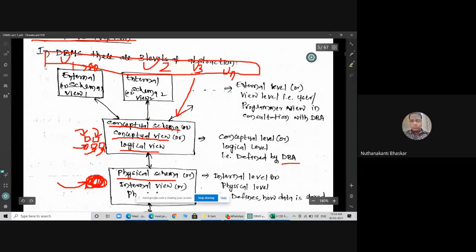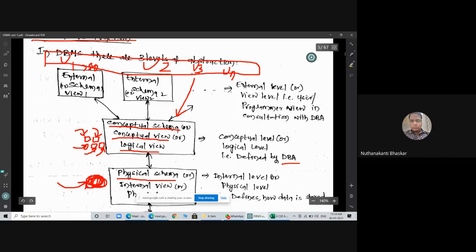but every user has their own required data, and he cannot access all the data. He will access only required data. So that's why your external schema is more than one. Here, if you observe, the physical schema is only one schema, the conceptual schema only one, but the external schema is more than one.